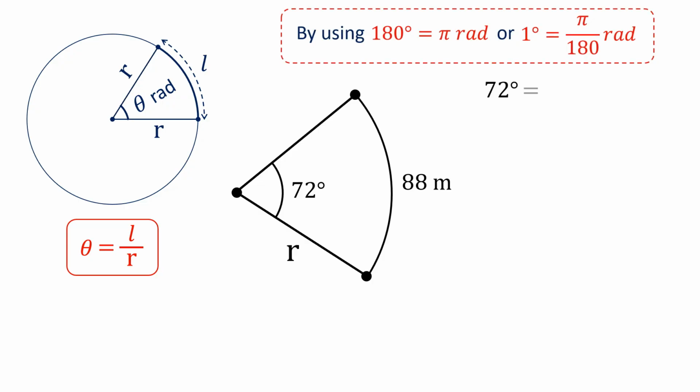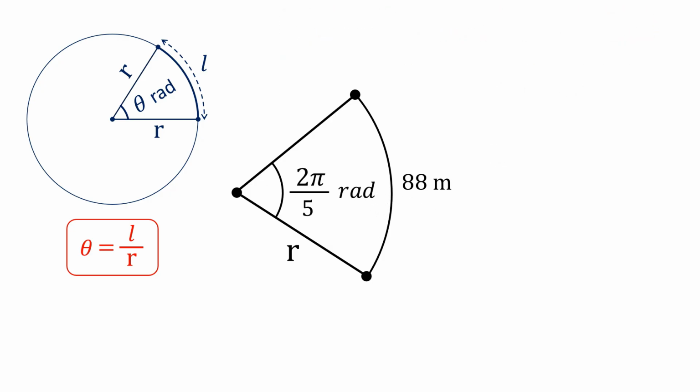72 degrees is equal to 72 multiplied by pi over 180, which simplifies to 2 pi by 5 radians. The arc length L is 88 meters. Therefore, the angle 2 pi by 5 radians is equal to 88 by r.